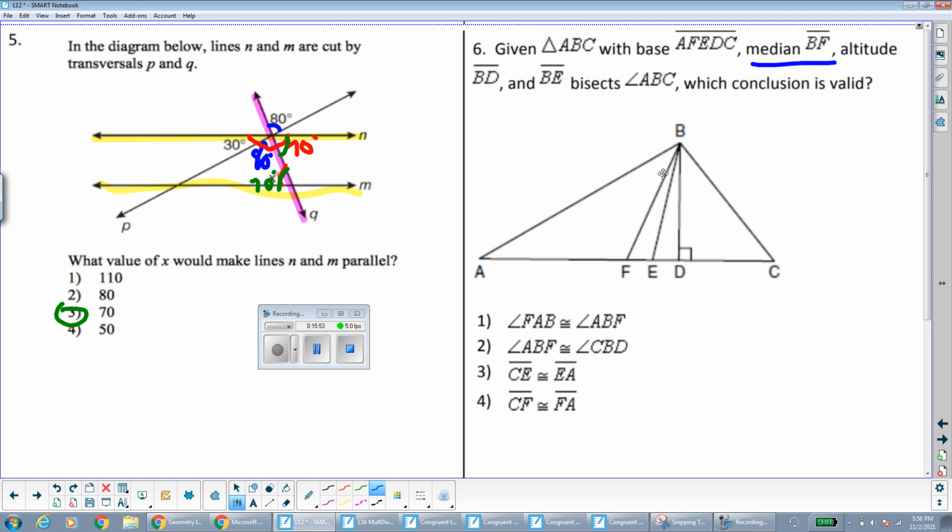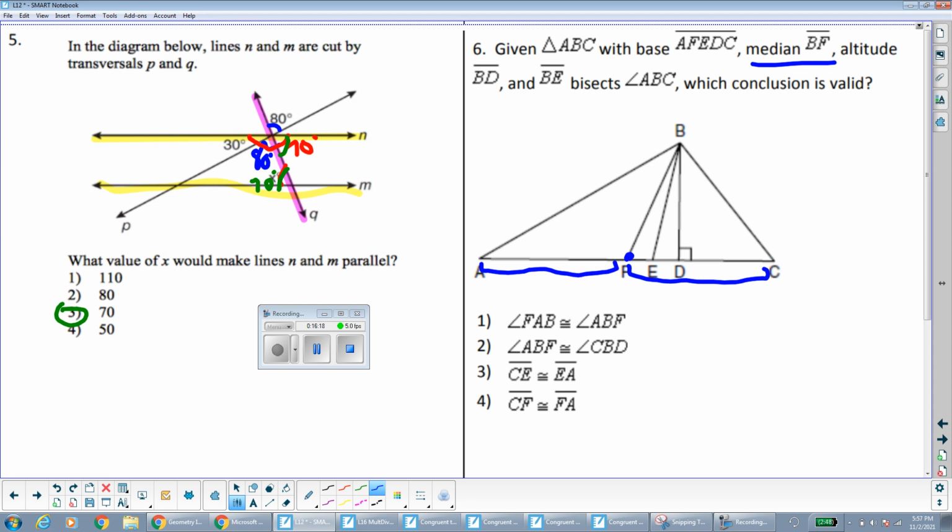So if BF is the median, then I know F is the midpoint because median connects vertex to opposite midpoint. So F would be the midpoint of side AC of the triangle, which means that from A to midpoint F would be congruent to from F, which is the midpoint, to the other endpoint C. So those two pieces would be congruent.